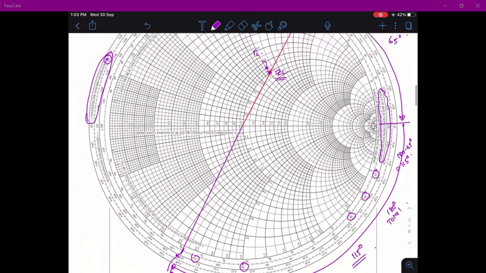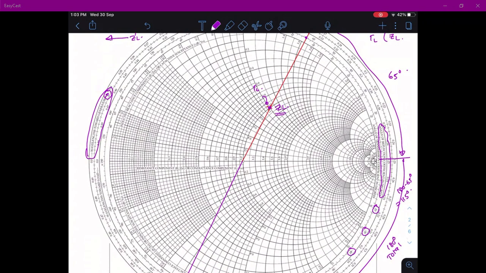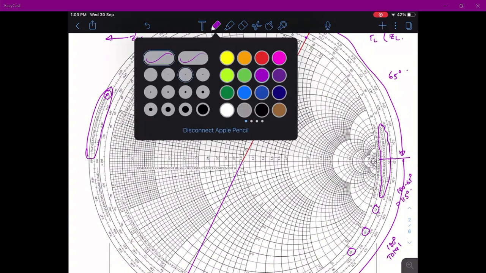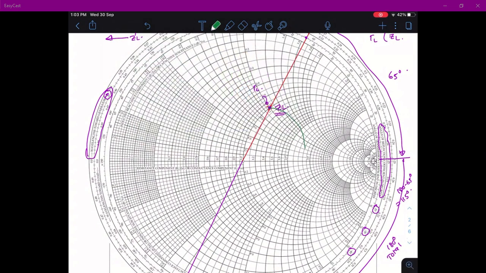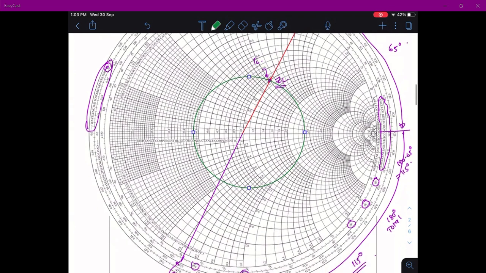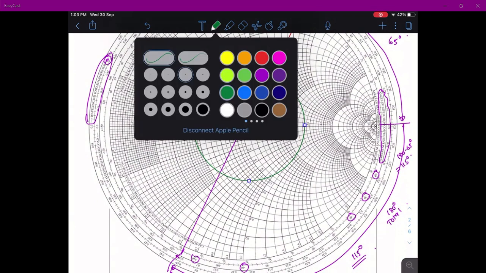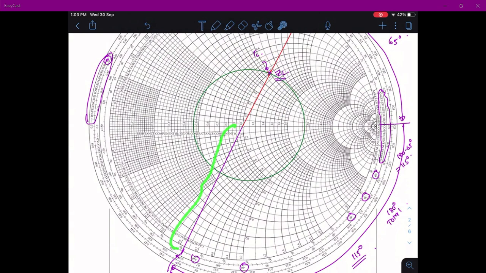Okay, so for the impedance of this point, you draw the VSWR circle and see along this line where it is meeting the VSWR circle.